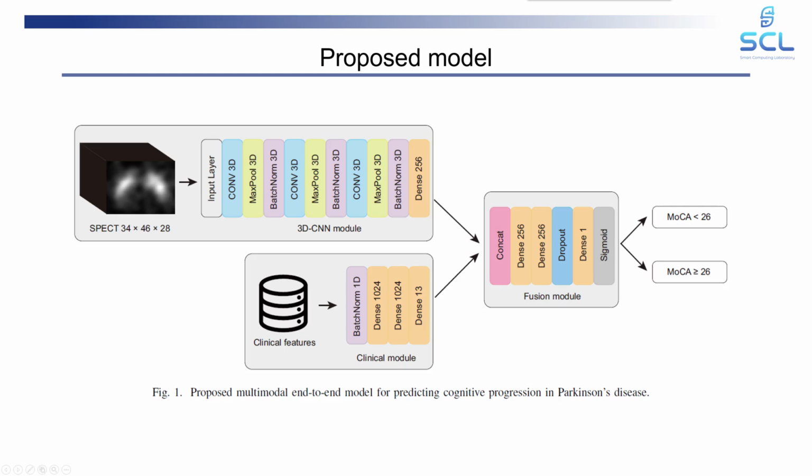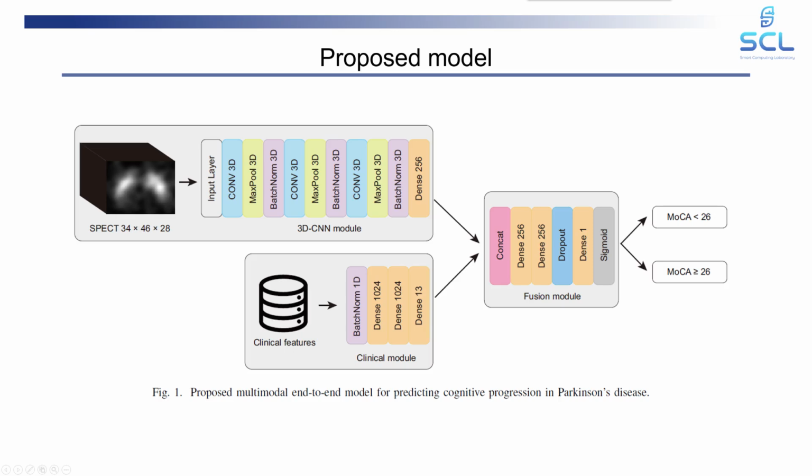The 3D CNN module has three 3D convolutional layers, each followed by ReLU and batch normalization. Max pooling was used after each convolutional block to reduce the size of the spatial dimensions. The resulting feature maps were flattened and passed through a fully connected layer.